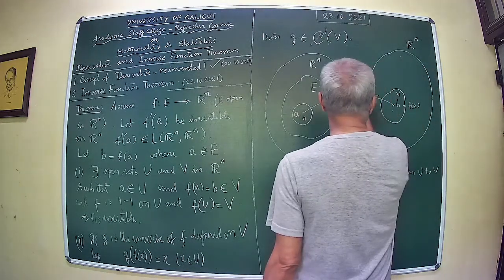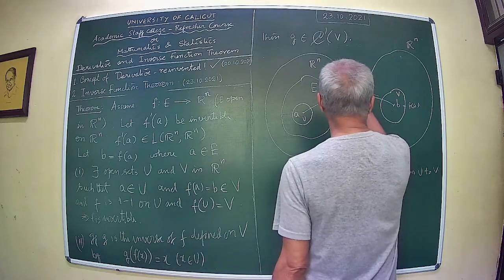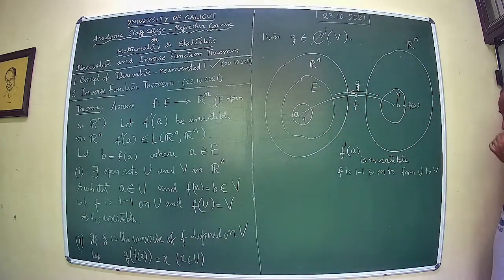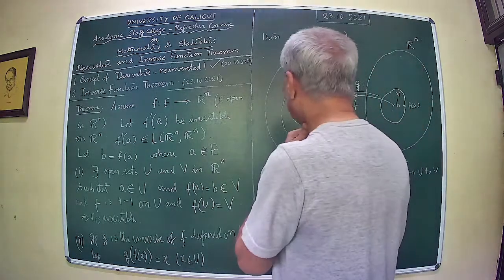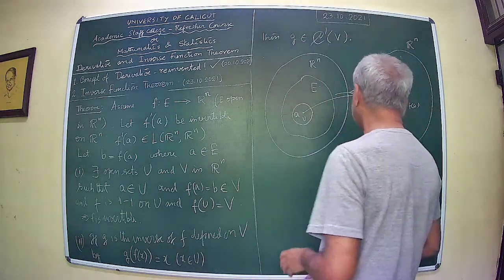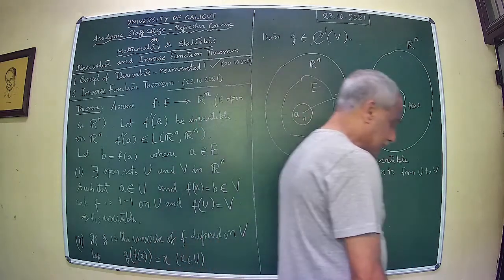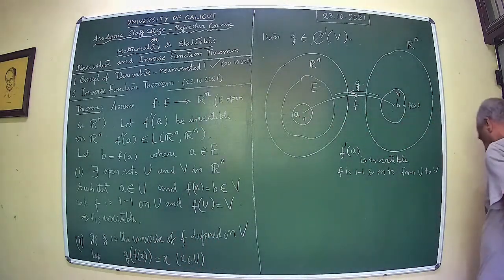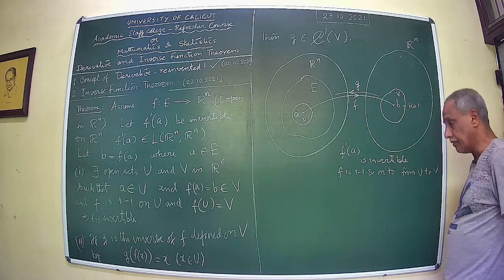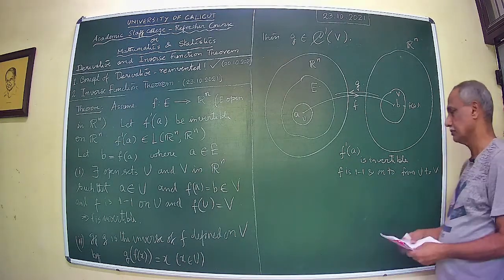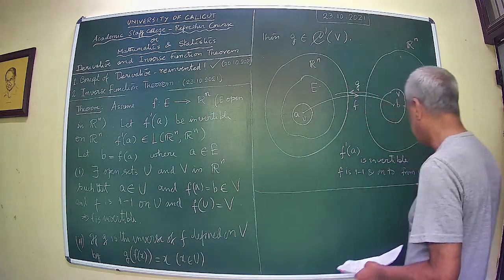This is invertible and the inverse map is denoted by g. Then g is a C1 map, and from this relation you can easily write down the derivative of g at f(x). I will write that soon.